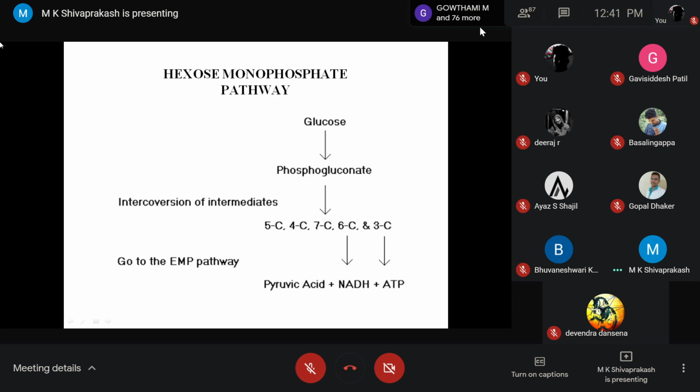In the process, many intermediates are produced, which are 5-carbon, 4-carbon, 6-carbon or 3-carbon compounds. From the 6-carbon or 3-carbon compounds, it can go back to the EMP pathway. It may follow the classic pathway.